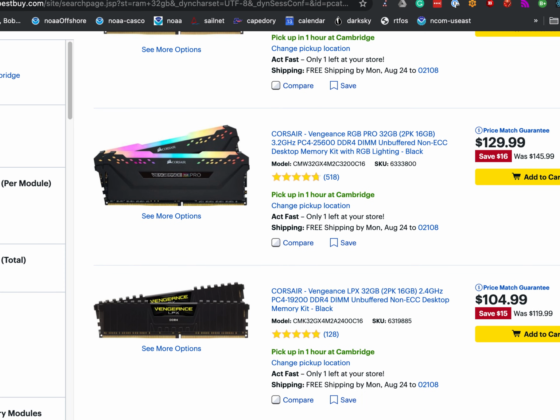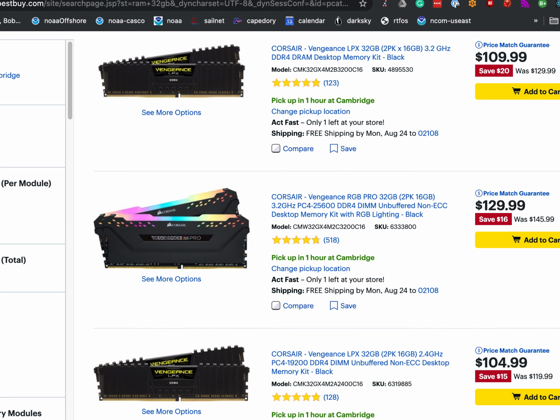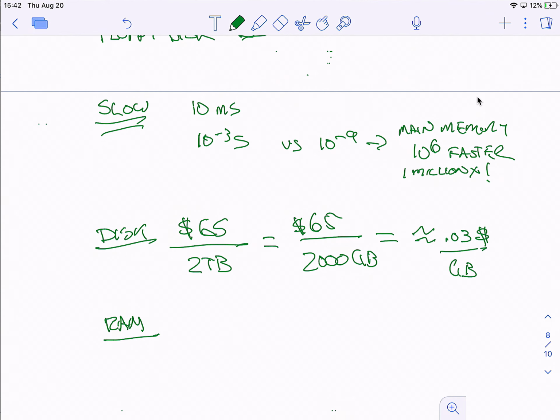I mean, there are prices all over the place, but here it looks like about $100 for 32 gigabytes. So let's go back to here. I had the other one pre-calculated in my head, but I can do this one.